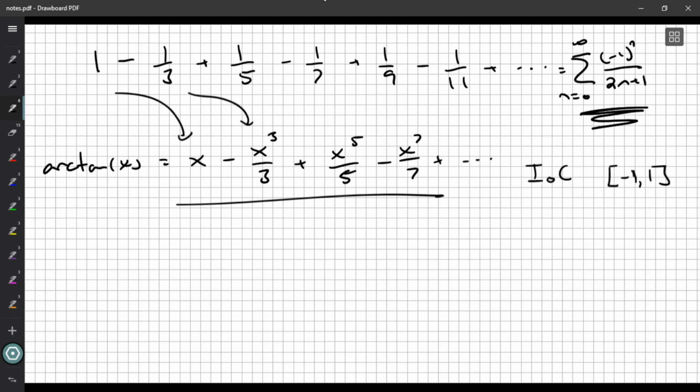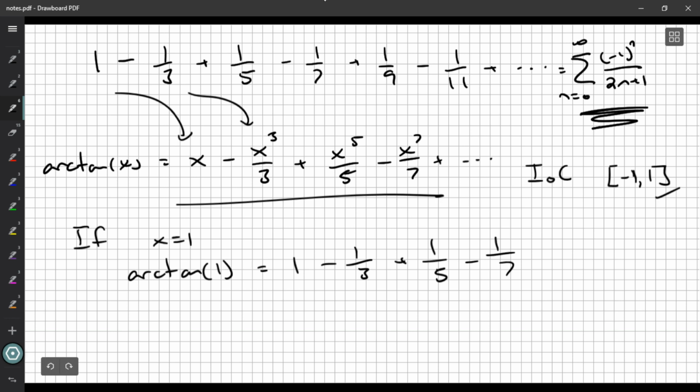Looks like if we let x equal 1, which is perfectly fine, that's in the interval of convergence, then we'll have arctan at 1 is 1 minus 1 cubed over 3 plus 1 to the 5 over 5 minus 1 to the 7 over 7, and so on. Okay, so that works. So the answer is arctan at 1.